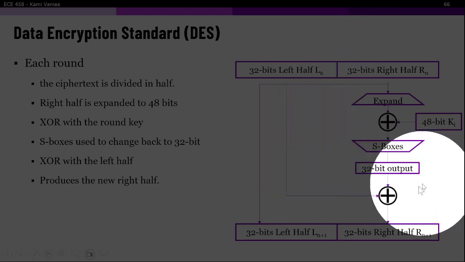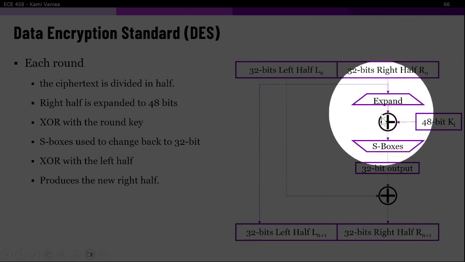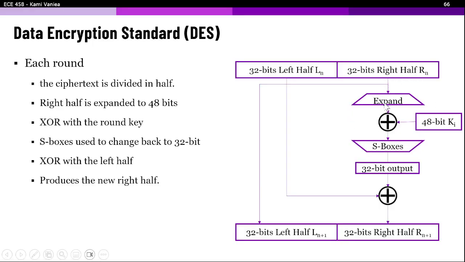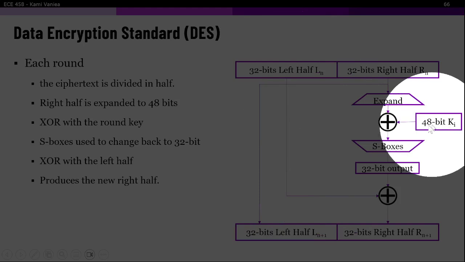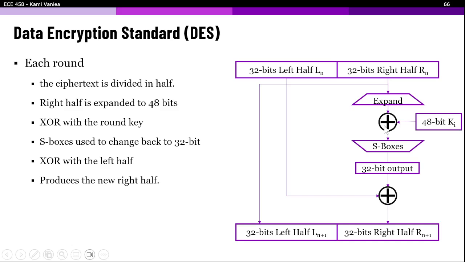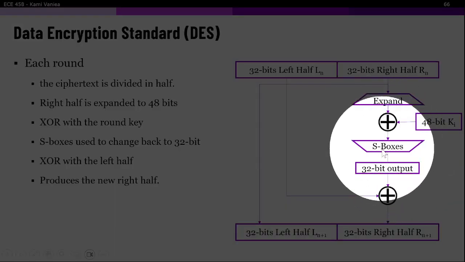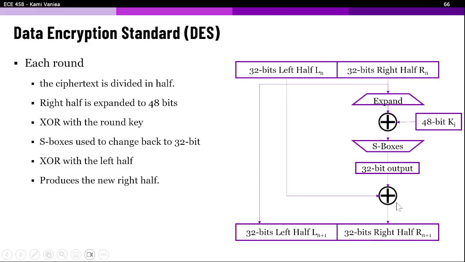The left half is simply set down to this XOR and preserved, and then the right half goes through an expansion. It takes that key, whatever key it is, and uses that to do the computation. It goes to a pile of substitution boxes and produces a 32-bit output. Then it takes the left half and combines that to do another computation on the other end.